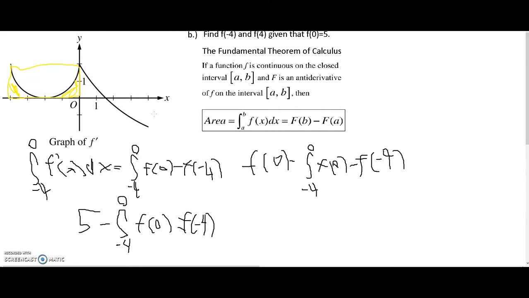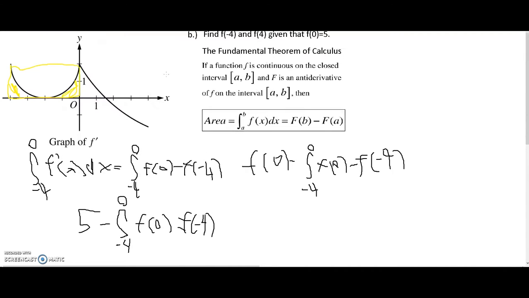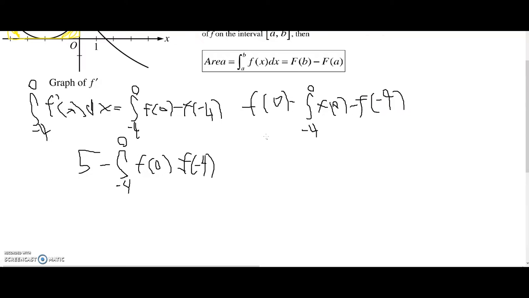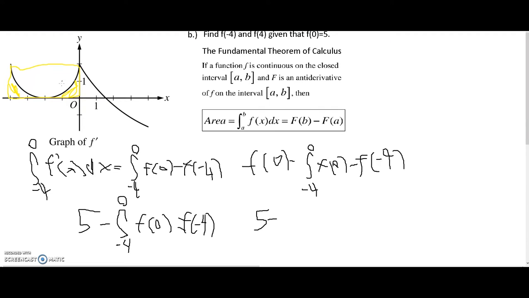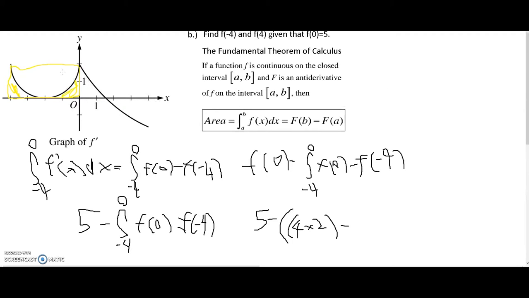So the next step is to find the area of the rectangle and subtract the area of the semicircle. So 5 minus 4 times 2, which is the length times the width, minus the area of this semicircle right here, which has a radius 2.